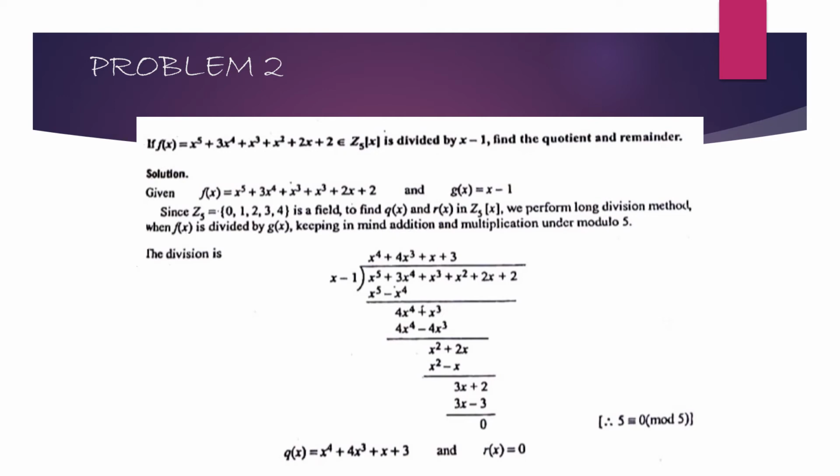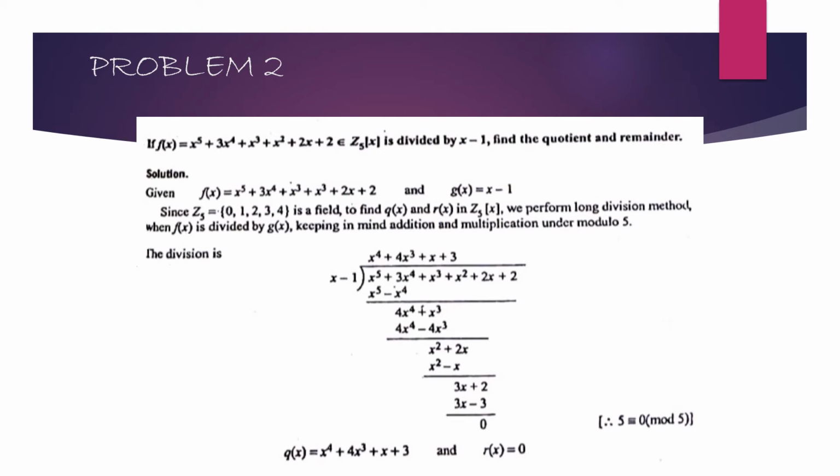So that I've written in the quotient. So 4x cube multiplied by this x minus 1, I'll be getting 4x power 4 minus 4x cube. So again changing the sign, these two will get cancelled. Again this becomes plus here. So adding these two, I'll be resulting with 5.